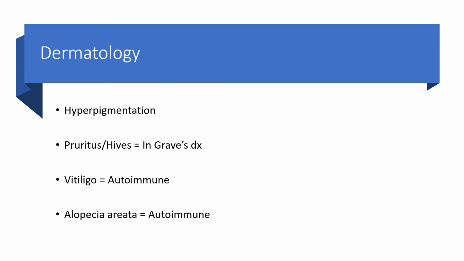Dermatology. There's likelihood of hyperpigmentation in hyperthyroidism. Pruritus or hives may be taking us to autoimmune disease, particularly Graves' disease. Vitiligo. Of course, vitiligo and alopecia areata will all be pointing to an autoimmune condition.